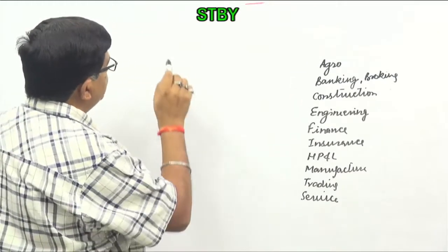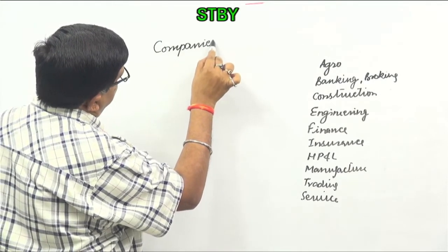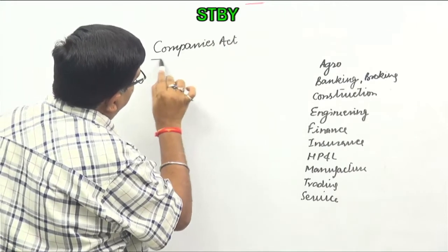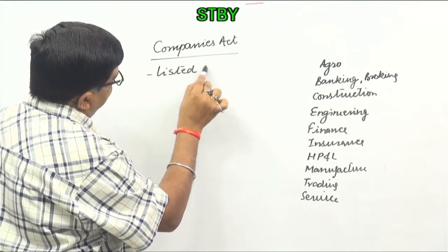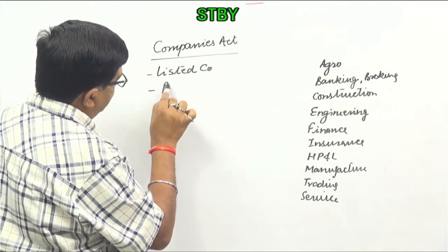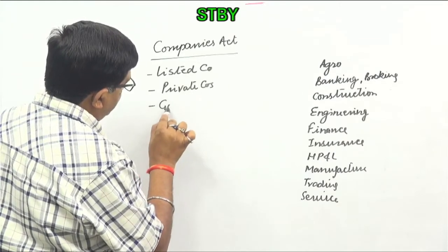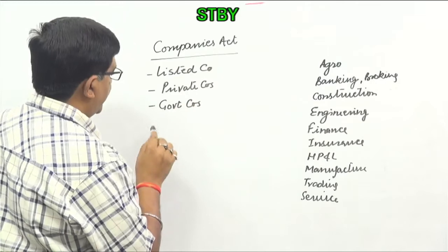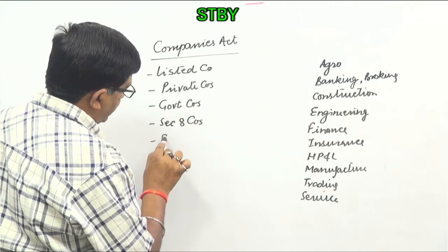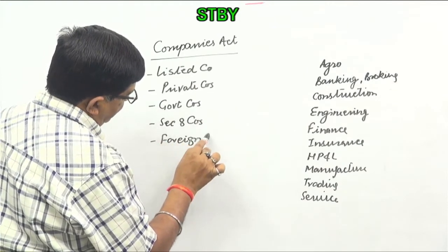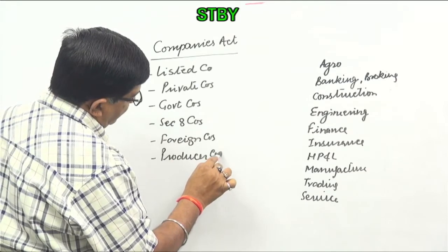Even if you take only the Companies Act, there are specific compliances for listed companies, for private companies, for government companies, for Section 8 companies, for foreign companies, for producer companies.